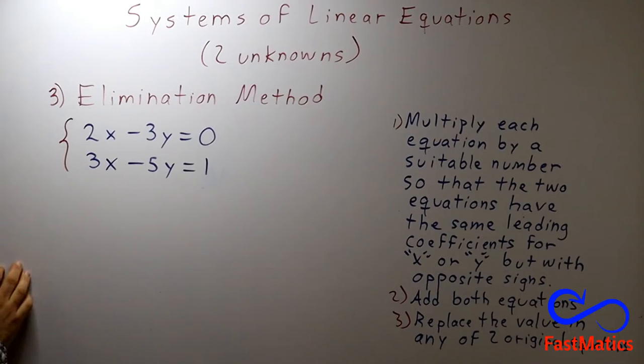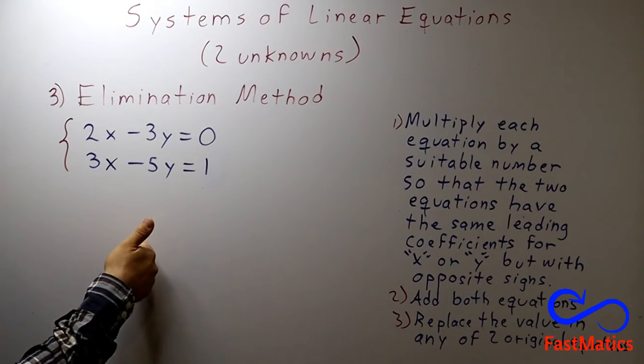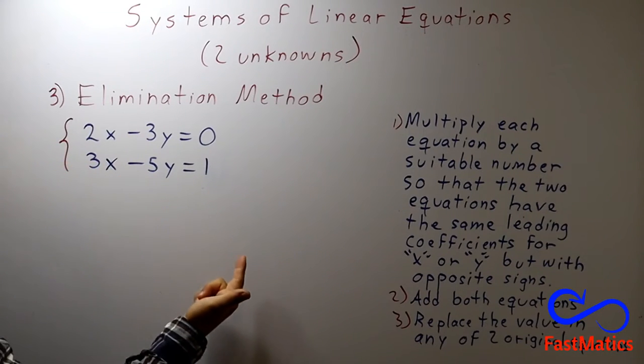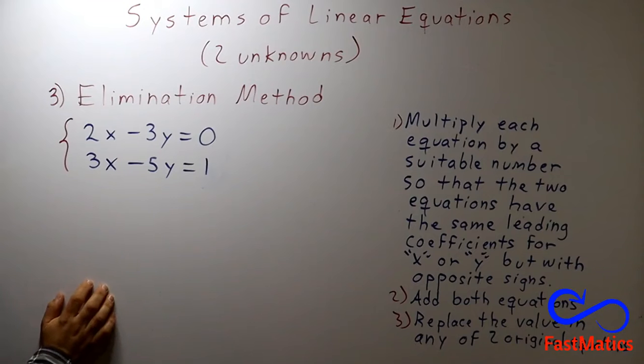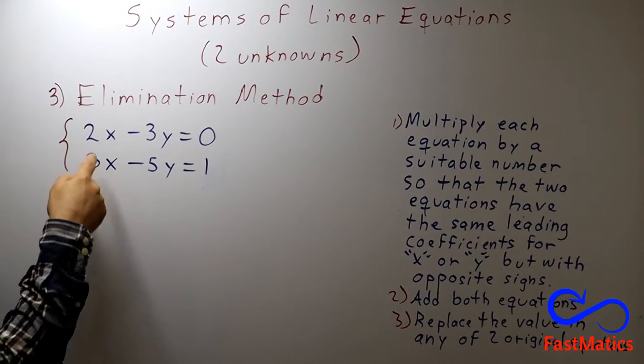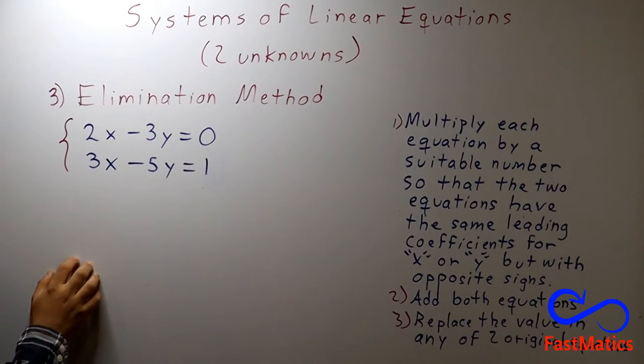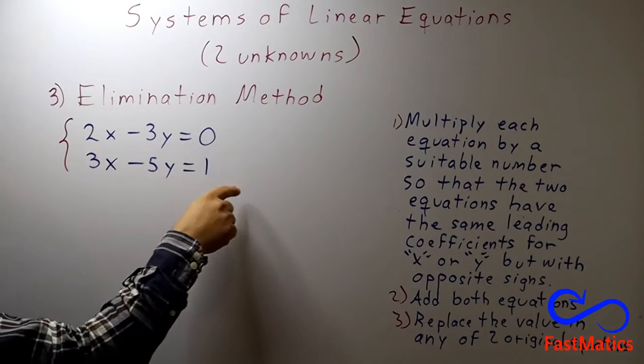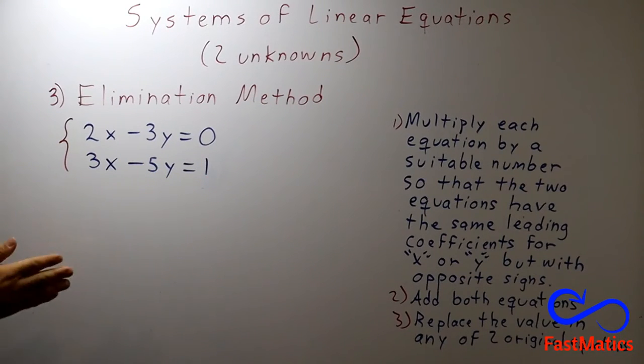After that, we need to remember that we are going to find only one value for x, only one value for y, such that when you replace those values here at the same time, both equations will be true.